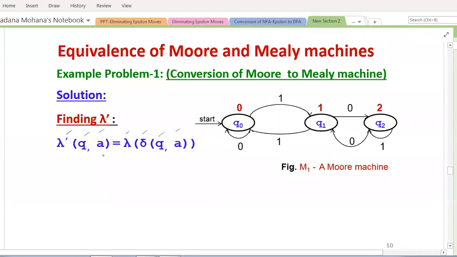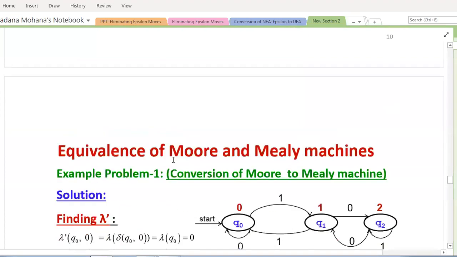Simply you can find out for the state q on input a what is its transition using δ. Then here you will get one state. Then what is the output of that state, that you can write down here for each and every state on every transition. Then that is nothing but our equivalent Mealy machine.